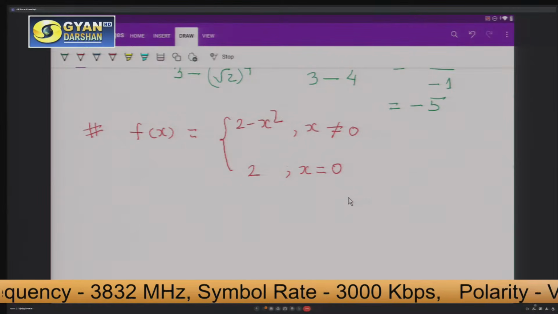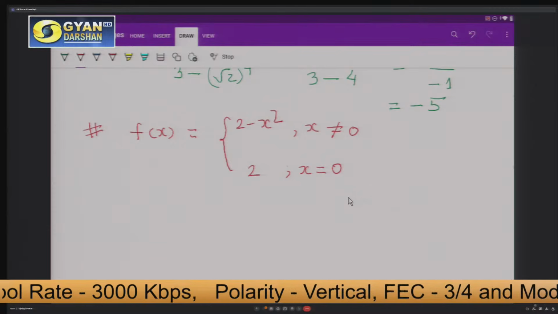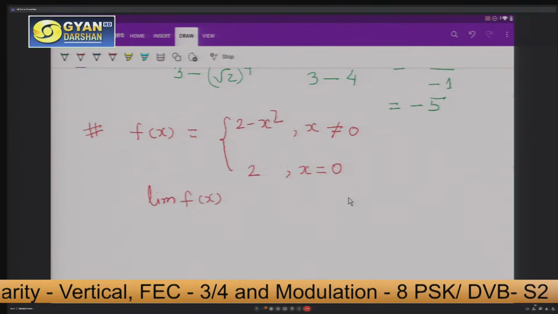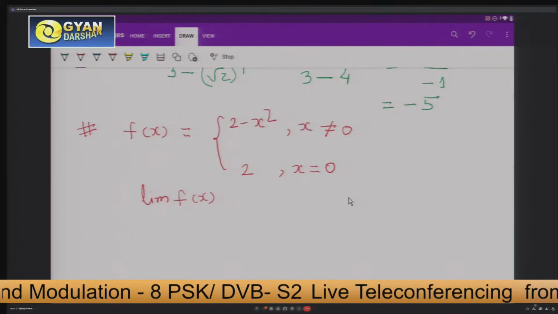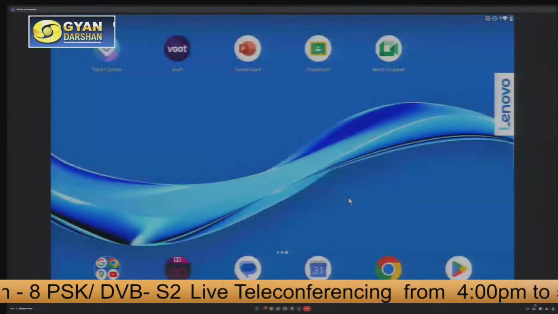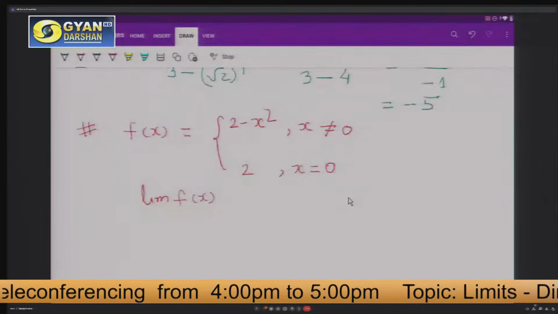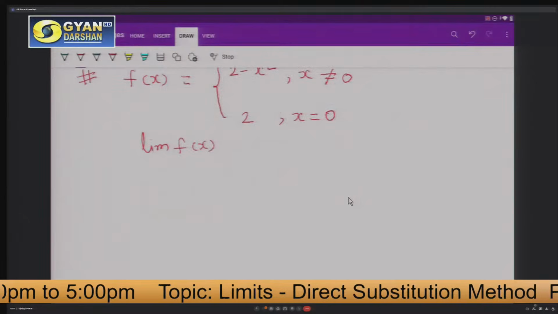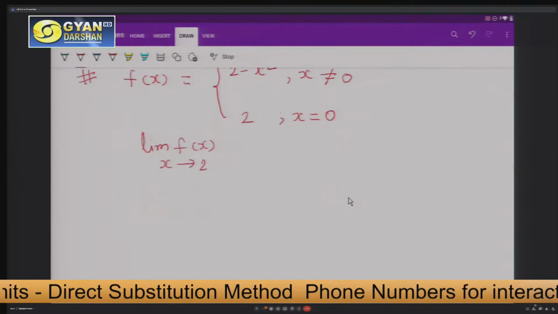So what will be the limit of f(x) when x tends to 2?